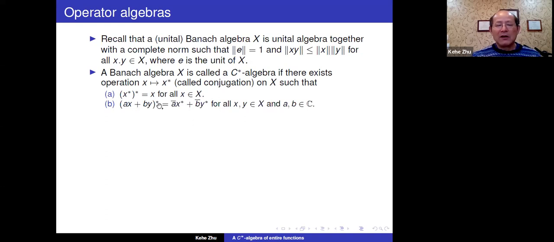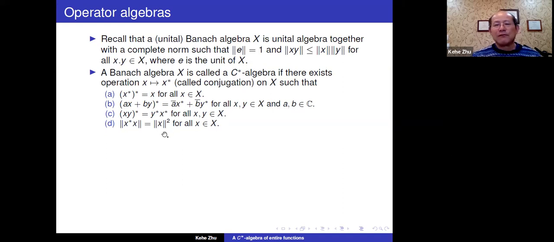Applied to a linear combination of two vectors, it gives a linear combination of the two adjoints, but the coefficients become complex conjugates. The adjoint of x times y becomes y star times x star. And finally, the norm of x star times x is the same as the norm of x squared.